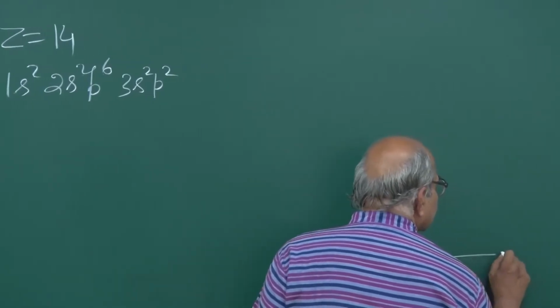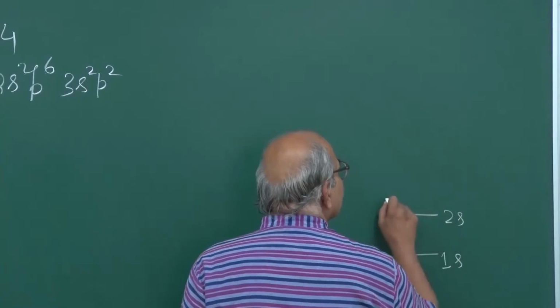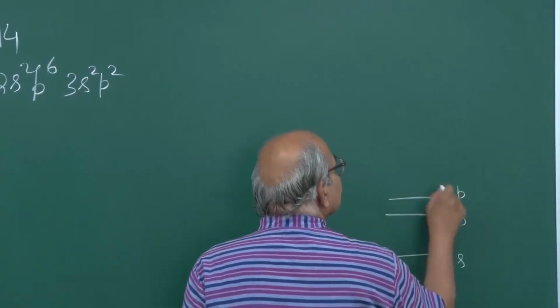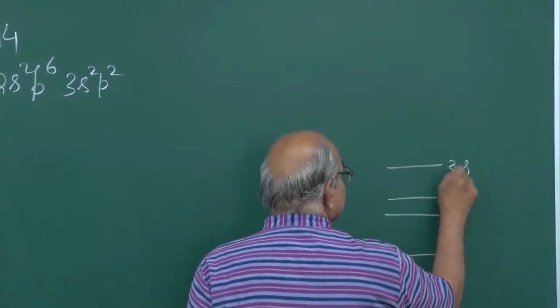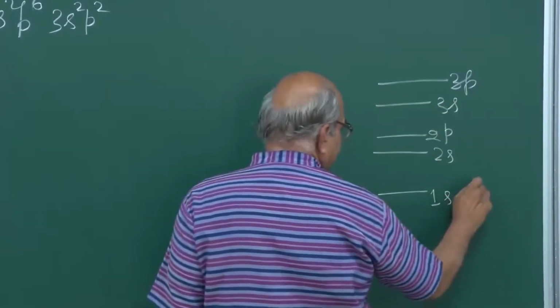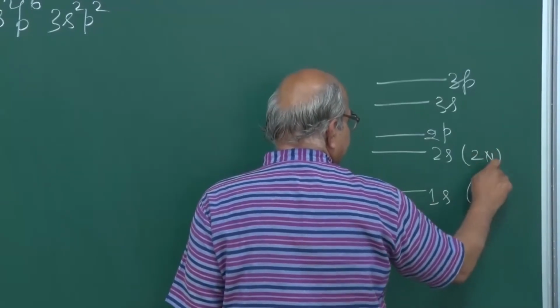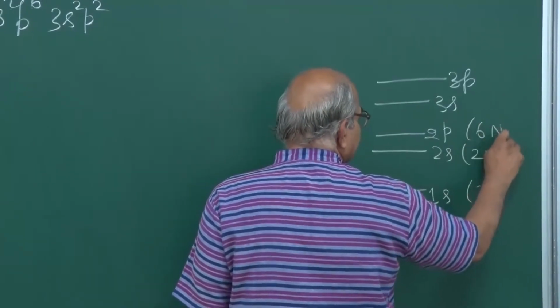You will have 1s, you will have 2s, you will have 2p, then you will have 3s, and you will have 3p. And here you will have 2N quantum states, 2N quantum states, 6N quantum states.